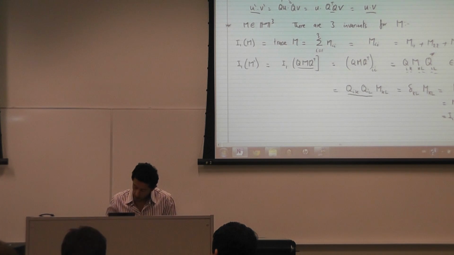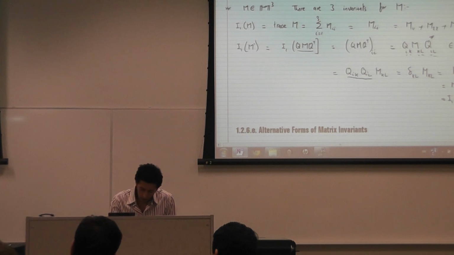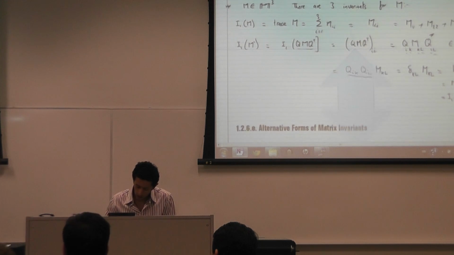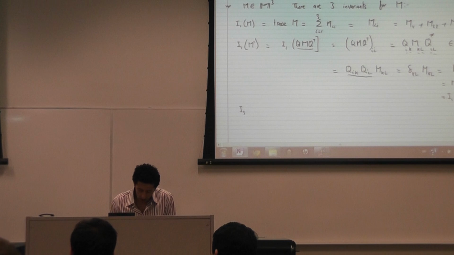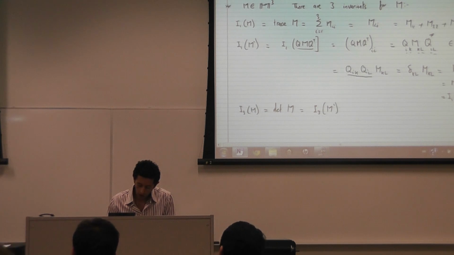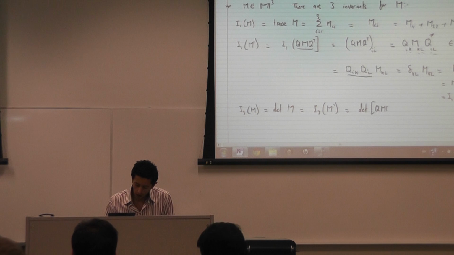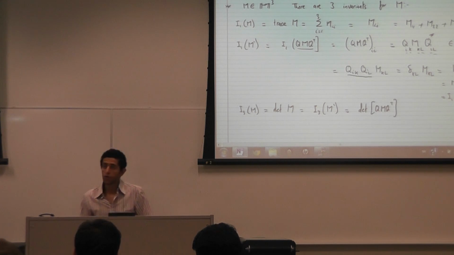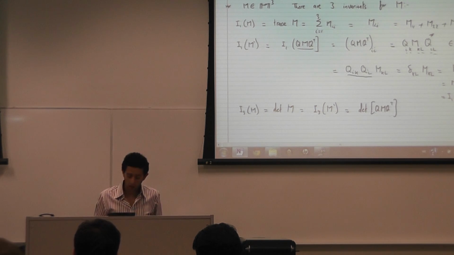The second invariant, or let's talk about the third invariant, because it's easier. It's actually the determinant of m. Because the determinant of m prime is equal to the determinant of Q M Q transpose, and we said the determinant of Q multiplied by the determinant of Q transpose is equal to 1.